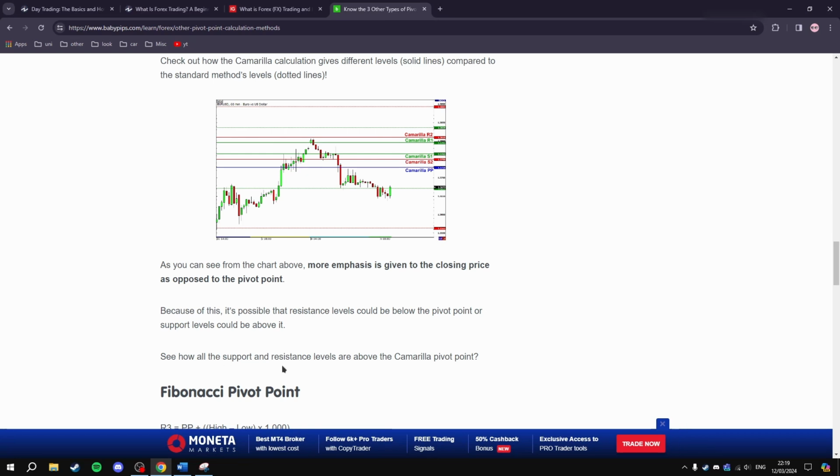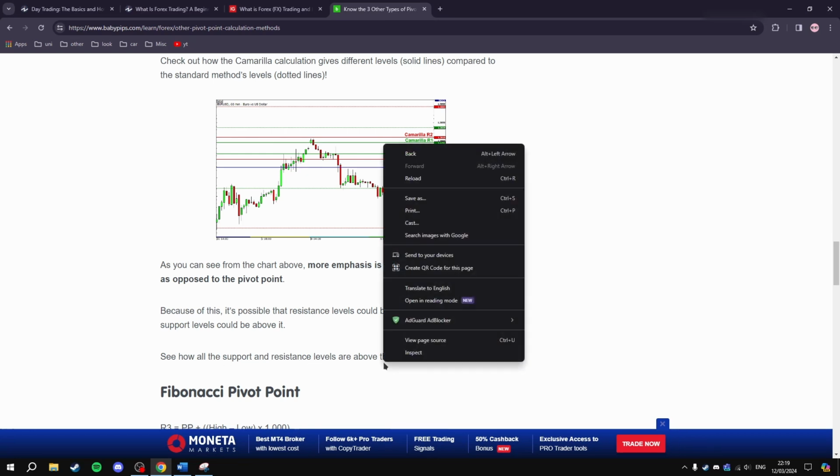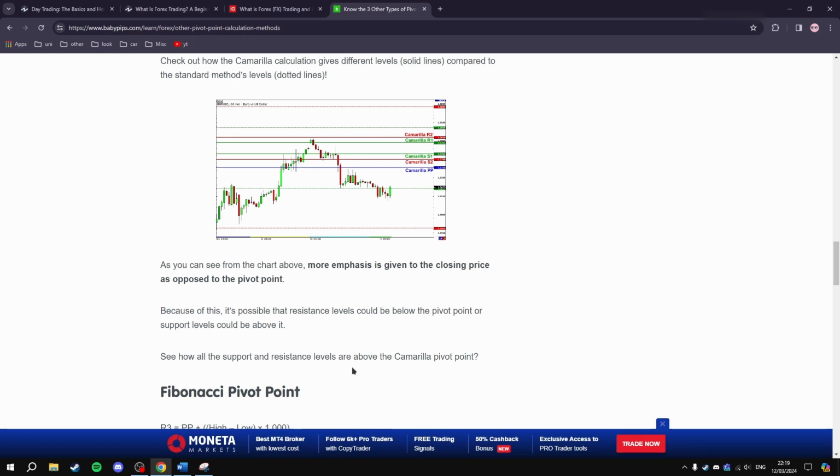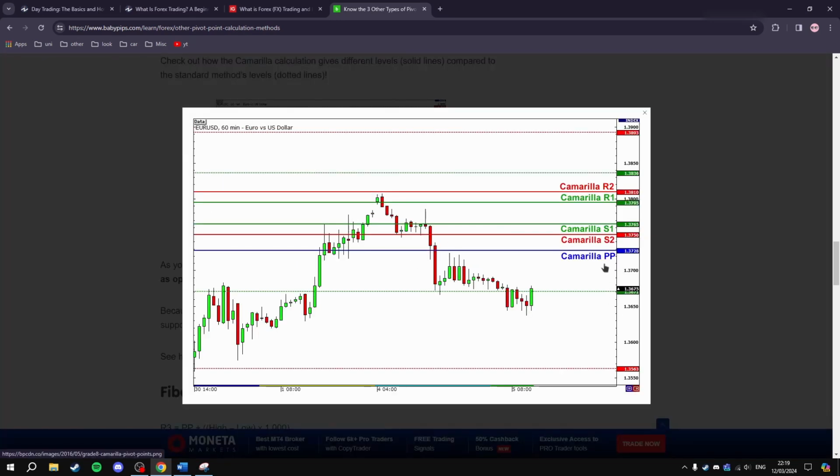See how all the support and resistance levels are above the camarilla pivot points. More emphasis is given to closing prices close to the pivot point. Yeah, but does it actually mean anything if the pivot point is below the resistance or the support levels? Because in the last lesson, it was like being able to tell market sentiment.